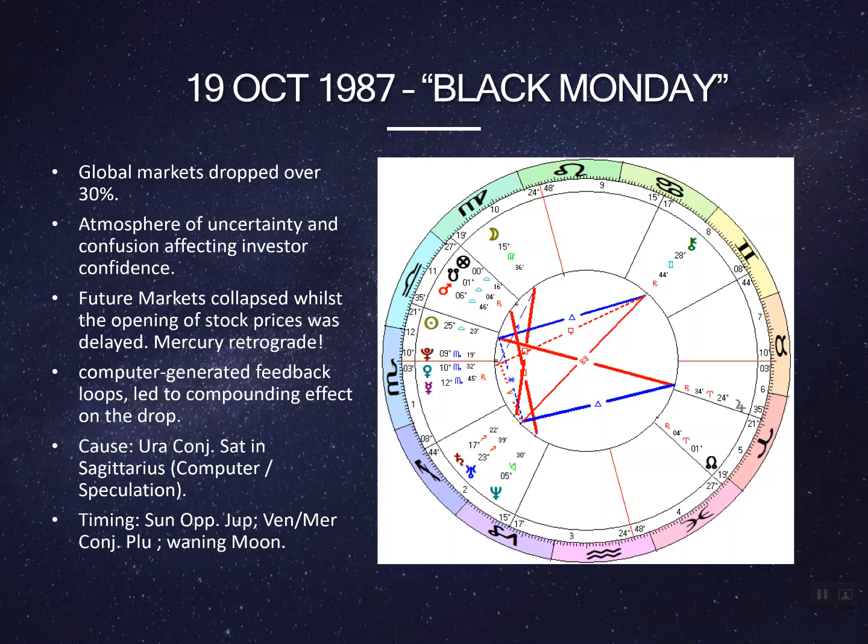What happened on that morning was a lot of the market makers had the right to delay some of the markets when there was sudden movements, which then put the futures market, which is the derivatives that were being used for underlying stocks, out of sync with the actual underlying stocks.